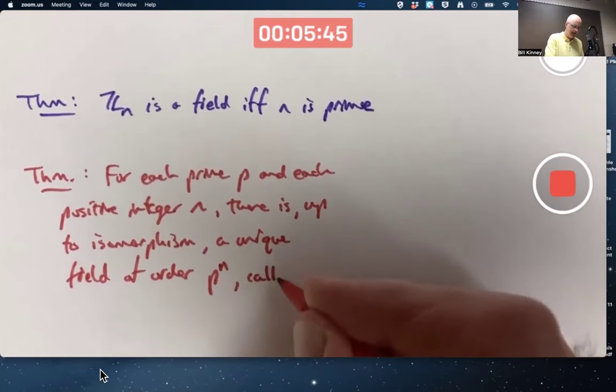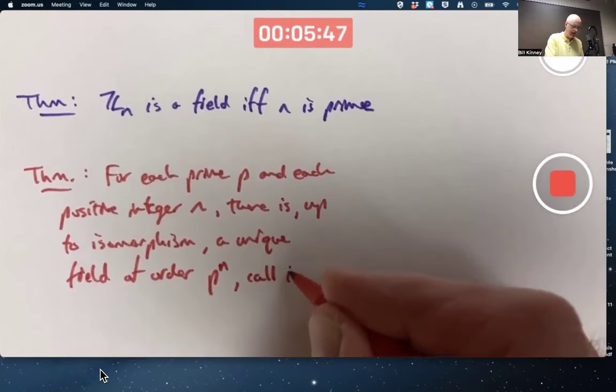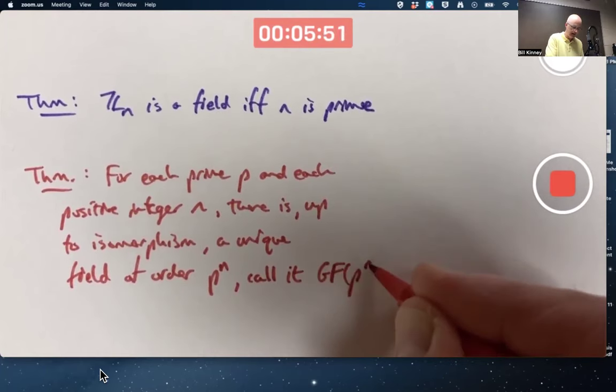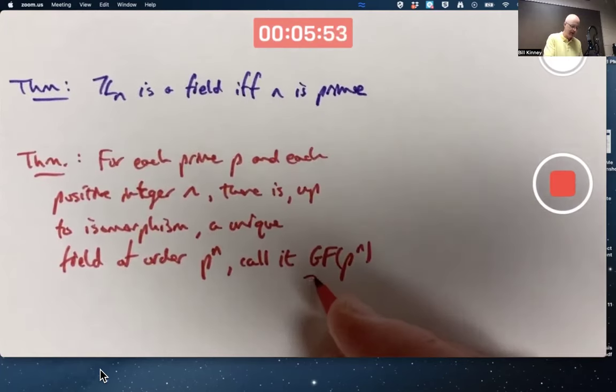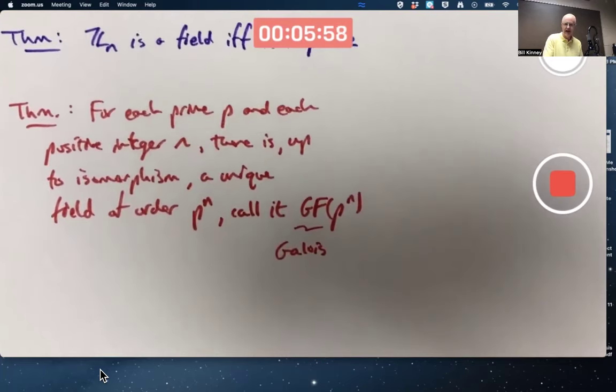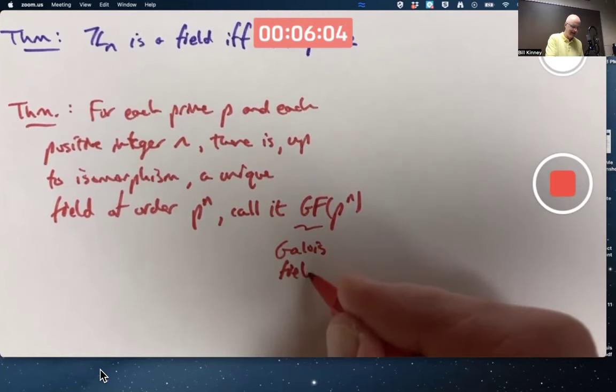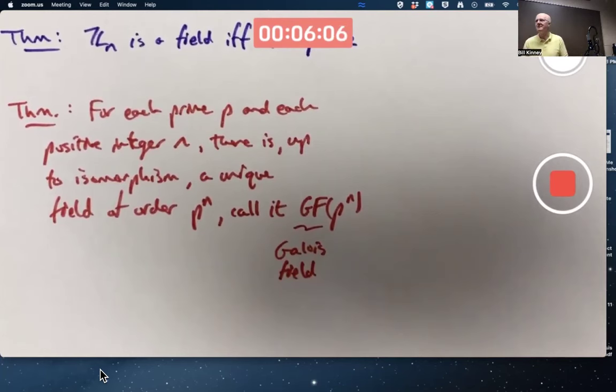And we even give it a name and a symbol. We call it the Galois field of order p to the n. GF stands for Galois field, spelled G-A-L-O-I-S, do not say Galois.